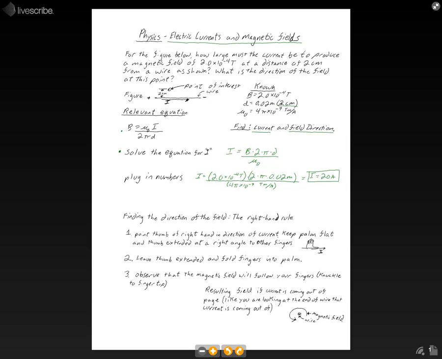Okay, and then for finding the direction of the field, this is somewhat more interesting, and it requires some interaction and some visualization. One of the easiest ways to find magnetic fields and their directions is by using what is called the right-hand rule. The first thing you need to do is have your palm flat and your thumb extended, and then point your thumb in the direction of the current, keeping the rest of your palm flat.